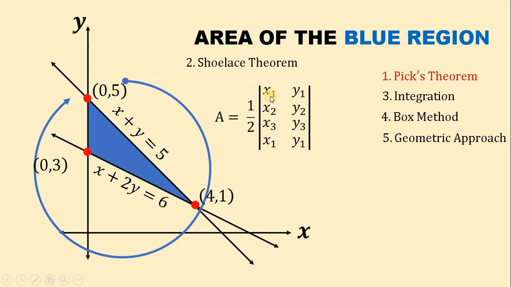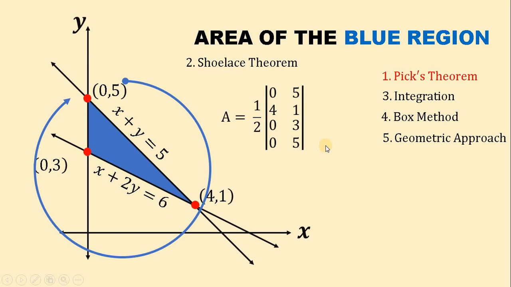So the value of x1, y1 must be (0, 5). The value of x2, y2 is (4, 1). And the value of x3, y3 must be (0, 3). So let's put all those values into our formula.